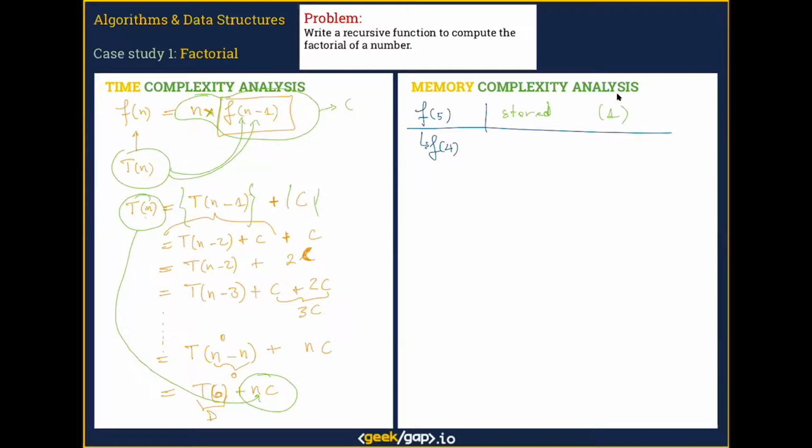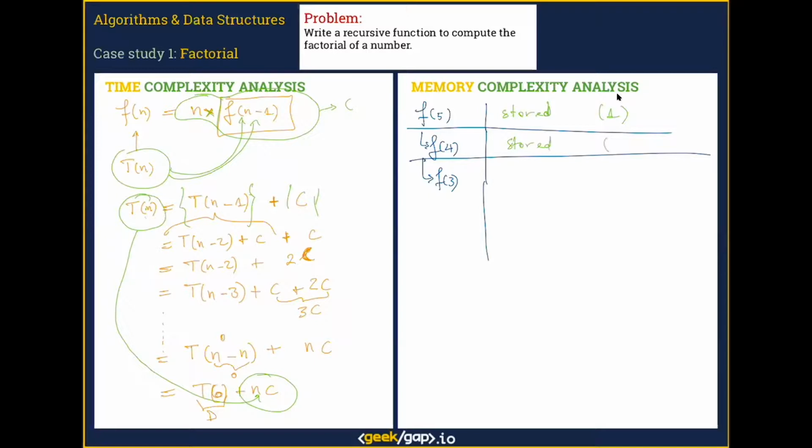If we continue, to compute factorial of 4, we actually need to know factorial of 3, right? And while we are busy doing factorial of 3, we need to store this one as well.